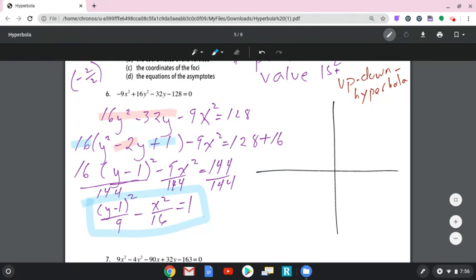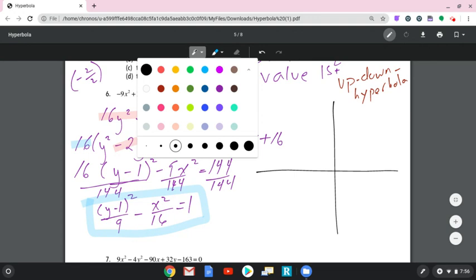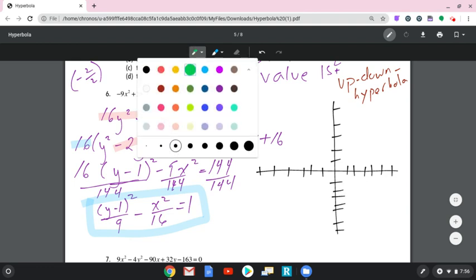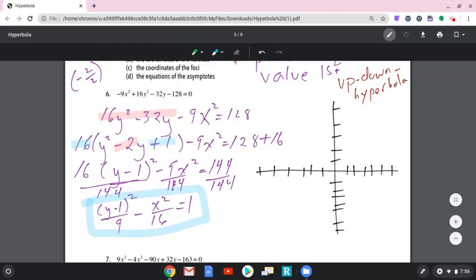What is my center? Actually, let me make some tick marks first. If I want to identify that center, you look at our equation and we say our center is, what's subtracted from x? 0.